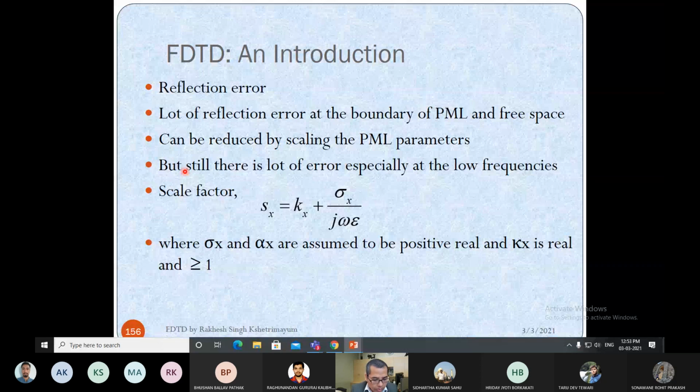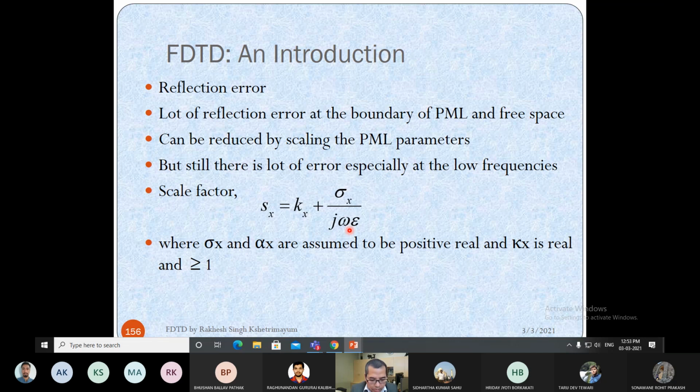I think there are some students who are working on low frequency. If you go for low frequency, even if you do that scaling and assume a gradual increase in the conductivity inside the PML layer, it will still not solve the problem of reflection, especially at low frequency. You can see that, for example, if your scale factor is of the form Sx equal to Kx plus sigma x by j omega epsilon, what happens when omega tends to 0?